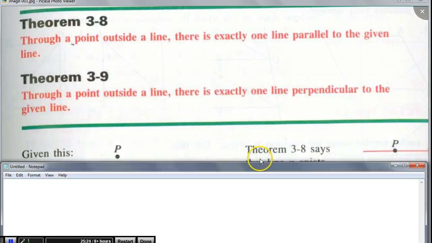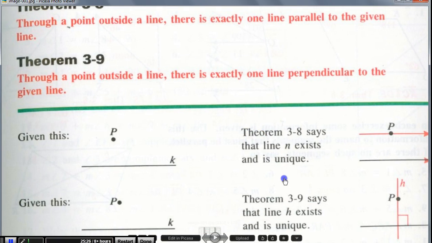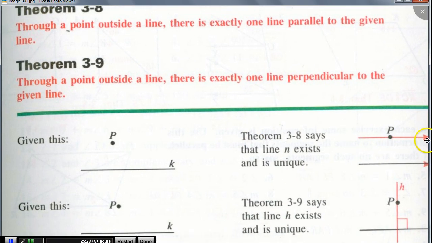And if you can have exactly one parallel line, could you have a perpendicular line through that point? Exactly. There's going to be exactly one also. So through a point outside a line, and we've done the construction for this one also, there's exactly one line that's perpendicular to a given line. So that's sort of obvious.